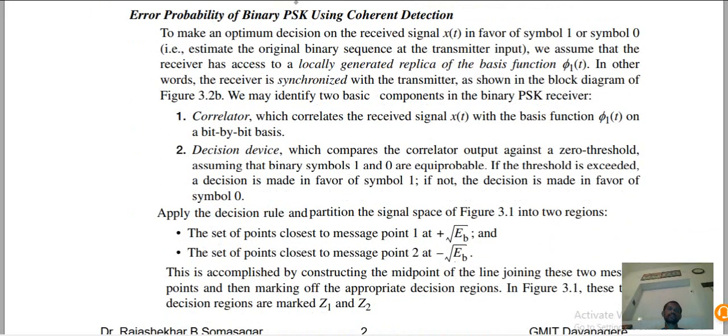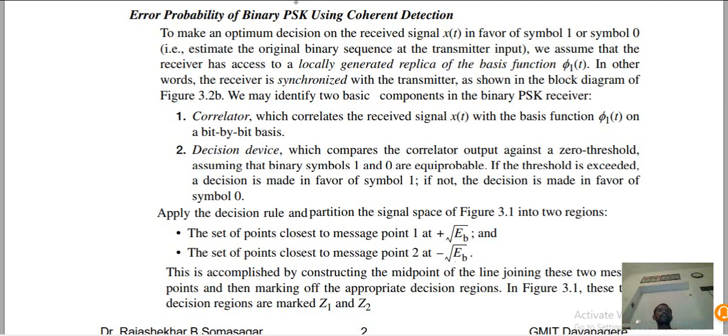Next, I will come to the error probability of a binary PSK using coherent detection. To make an optimum decision, what is an error probability? Suppose you are transmitting 10 symbols, and only 5 symbols are received, the other 5 are lost.